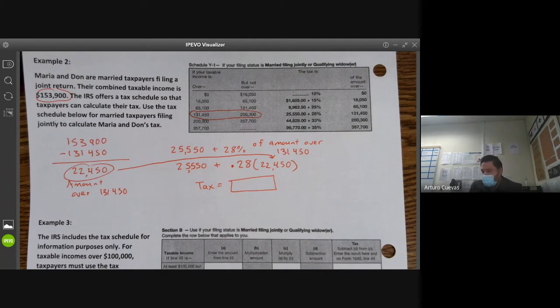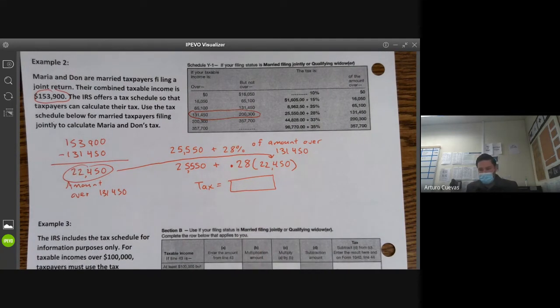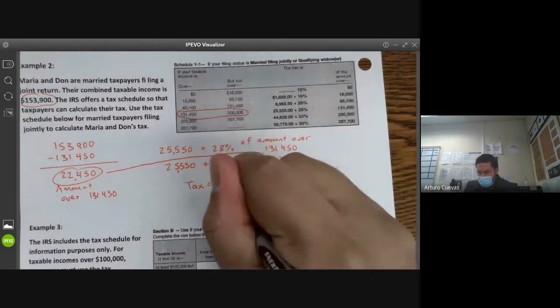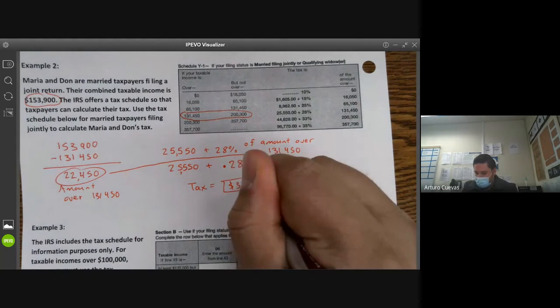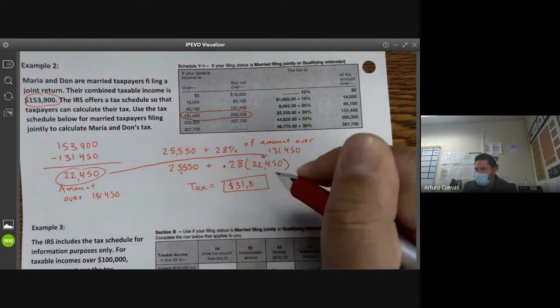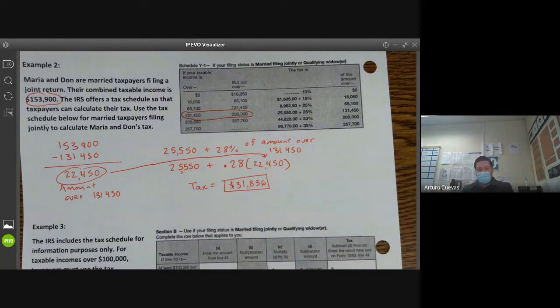Let's see. Olivia, what did you get for this tax? 31,000? That sounds right. 31,000 what? 31,836. You guys agree with that? No? Did we get something different? Let me check the book.